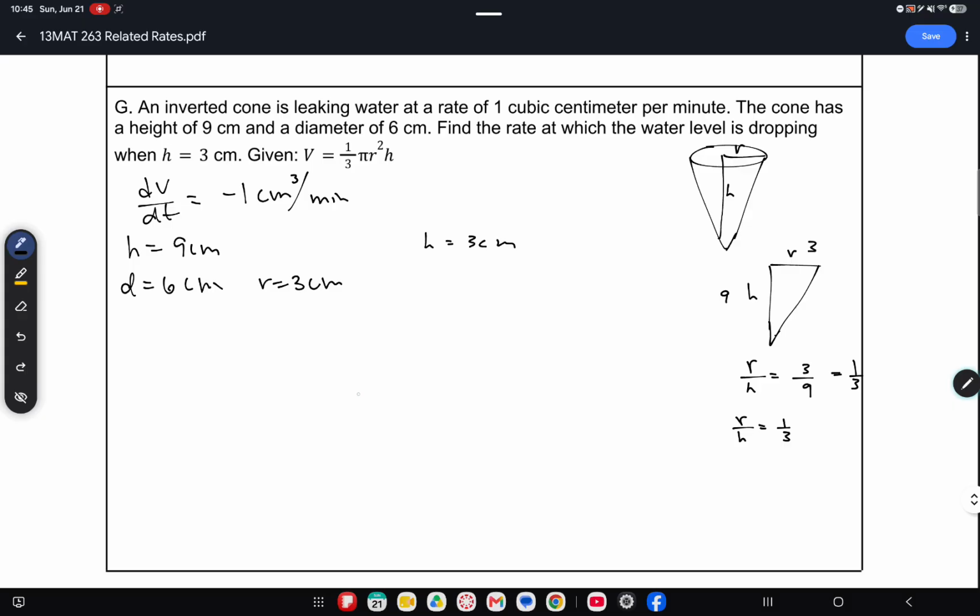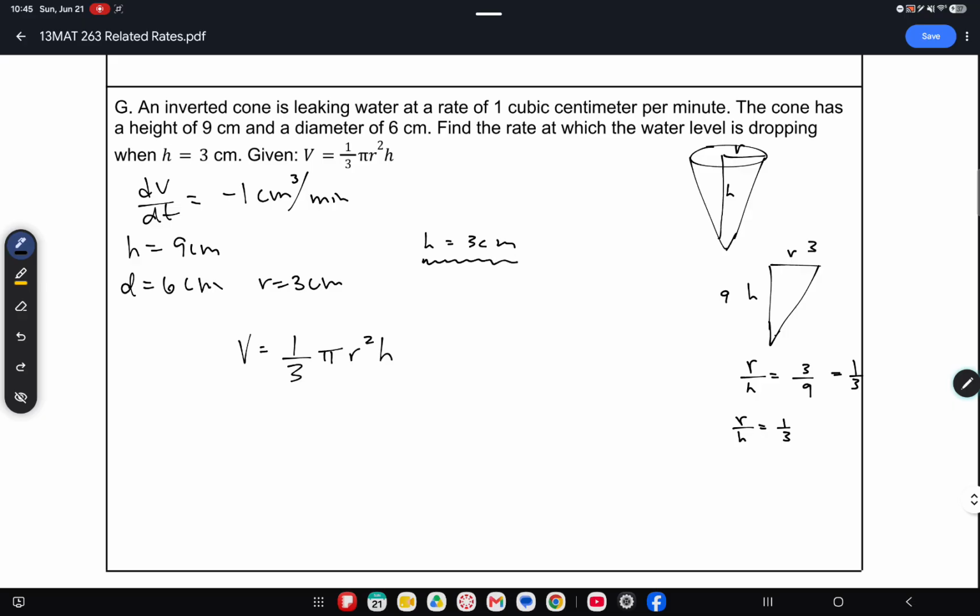So we have my volume, 1/3 pi r squared h. I have a height of 3.